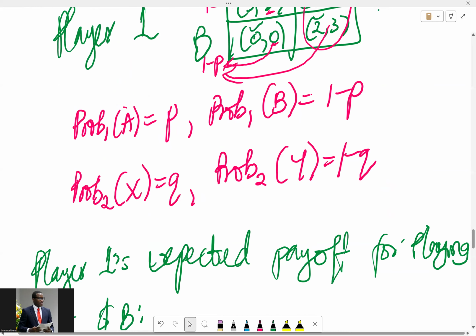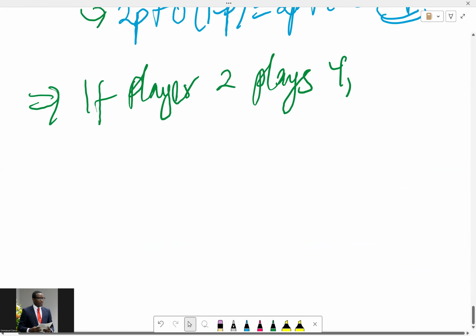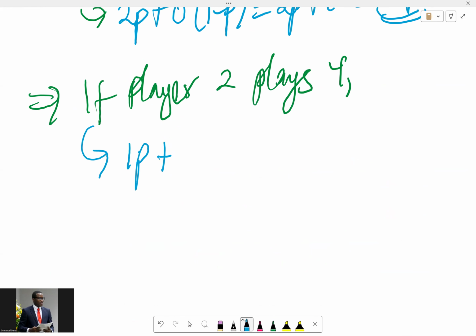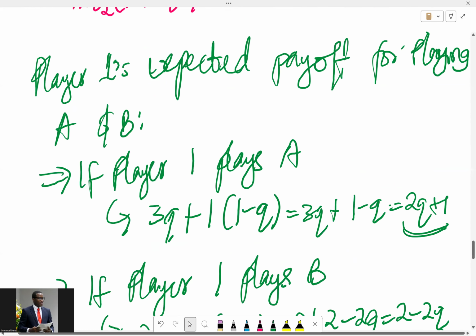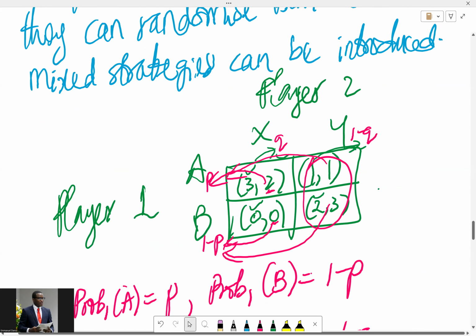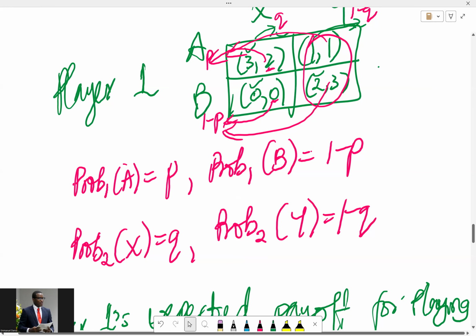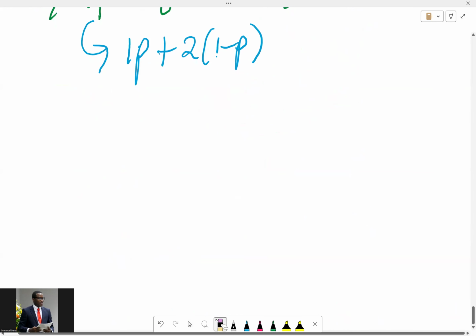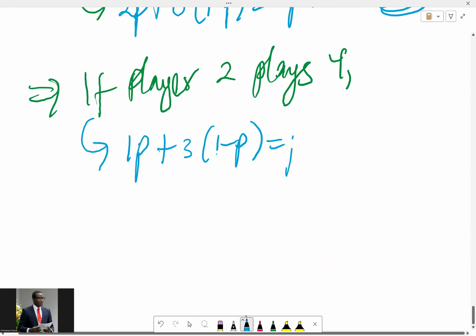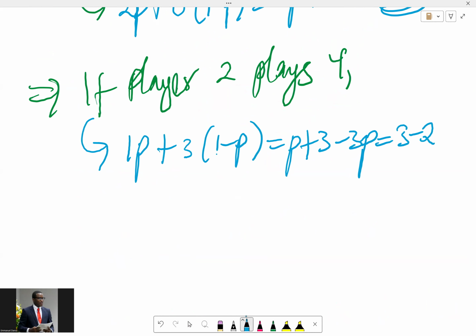So 1p plus 3 multiplied by 1 minus p. It's actually 3, not 2. And then we have p plus 3 minus 3p. And that is 3 minus 2p. You know, p minus 3p is minus 2p.